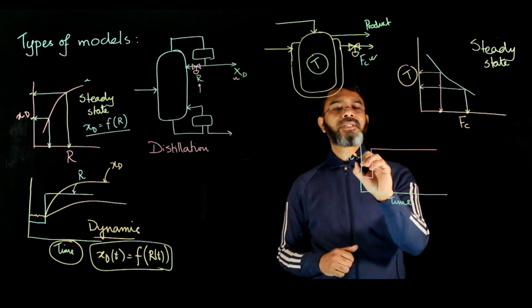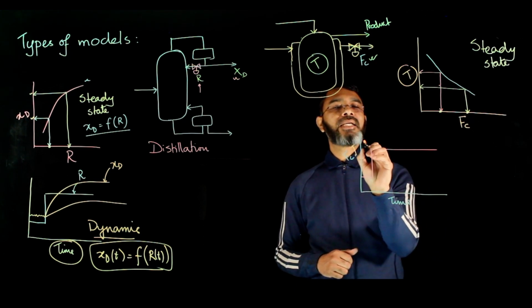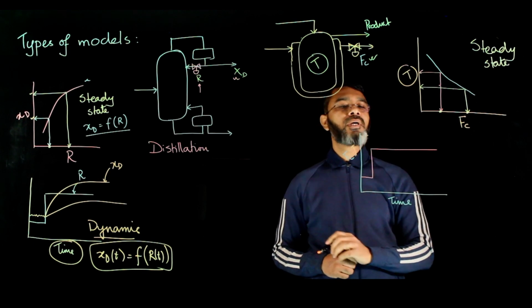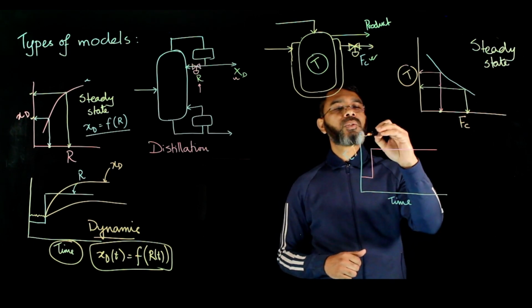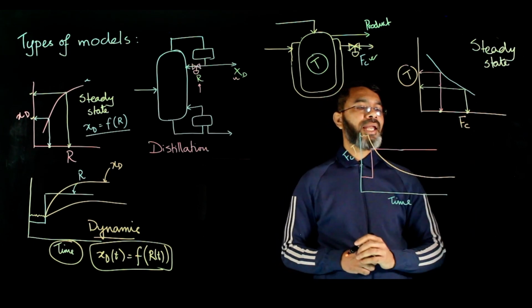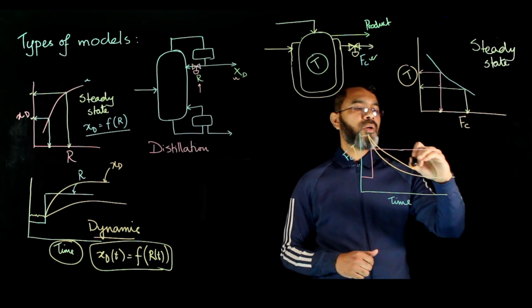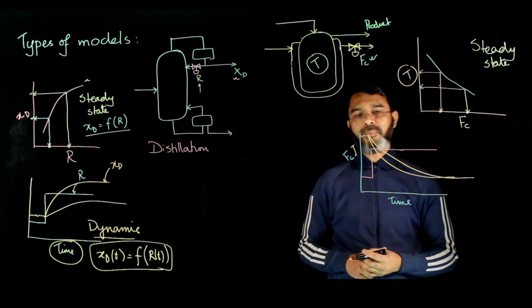So if you plot T as well, and initially T was at this value, how is it going to change from here to the other value? Is it going like this, or is it changing slowly like this? We need to know this behavior.